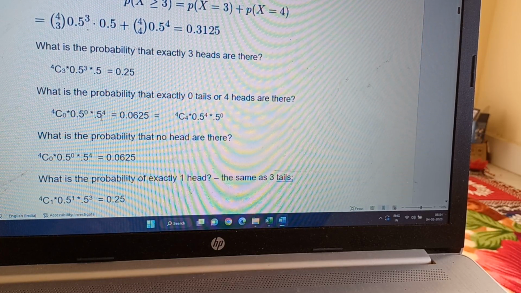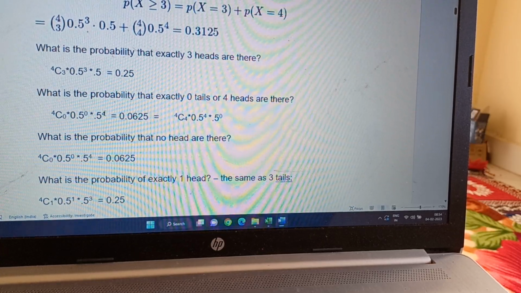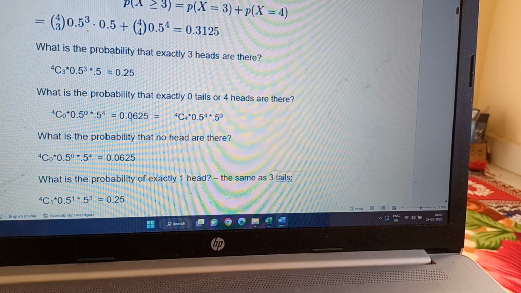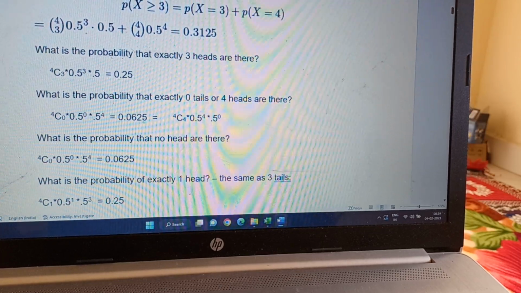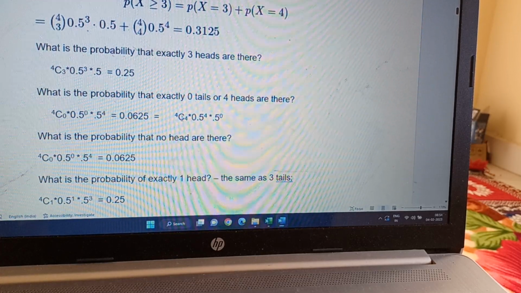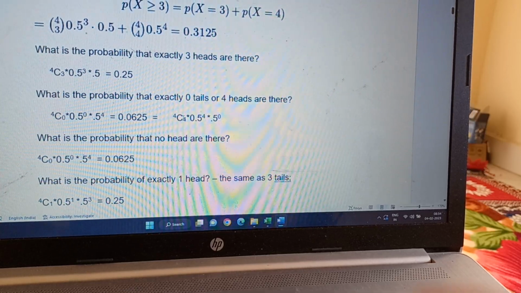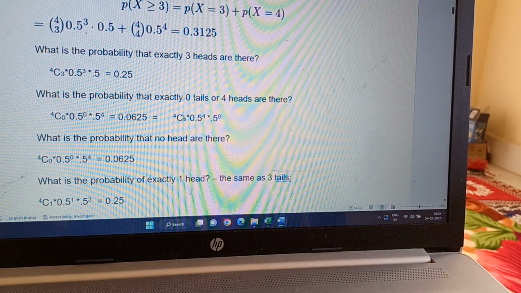And then probability of heads is that, well, they will come 4 times. So I multiplied it by 0.5 to the power 4. And this calculation is equal to 0.0625. It is the same value whether we choose 4 choose 4 or 4 choose 0 because in both cases the combination factor is only 1.